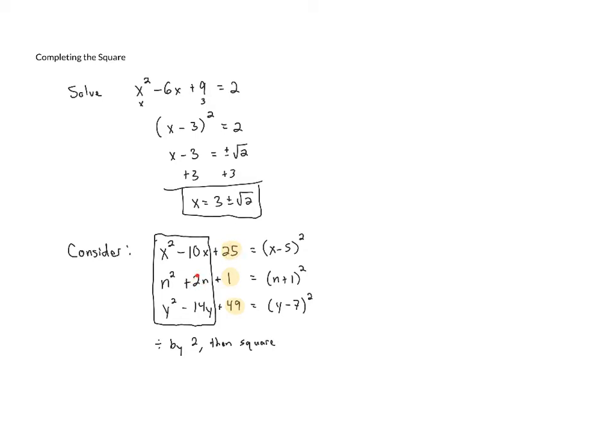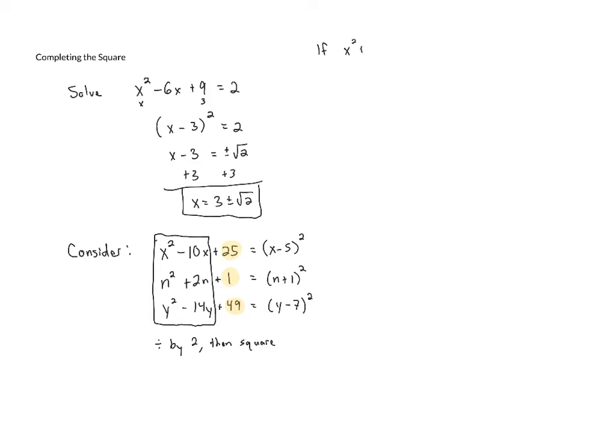If we take 2 and divide it by 2, we get 1, and then we square it, we end up with 1. And if we take negative 14 and divide it by 2, we get negative 7, and when we square that, we get 49. So this is the strategy here. We take the coefficient on the variable, divide it by 2, and square it. And we can write this out as an algebraic rule.